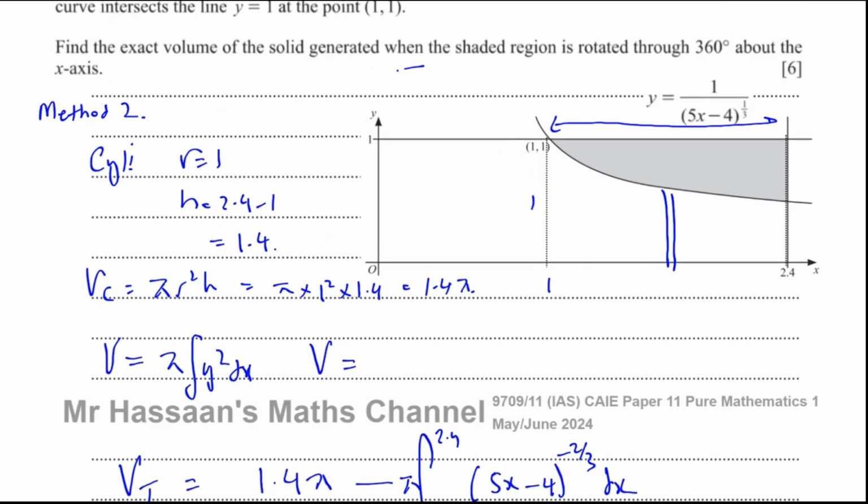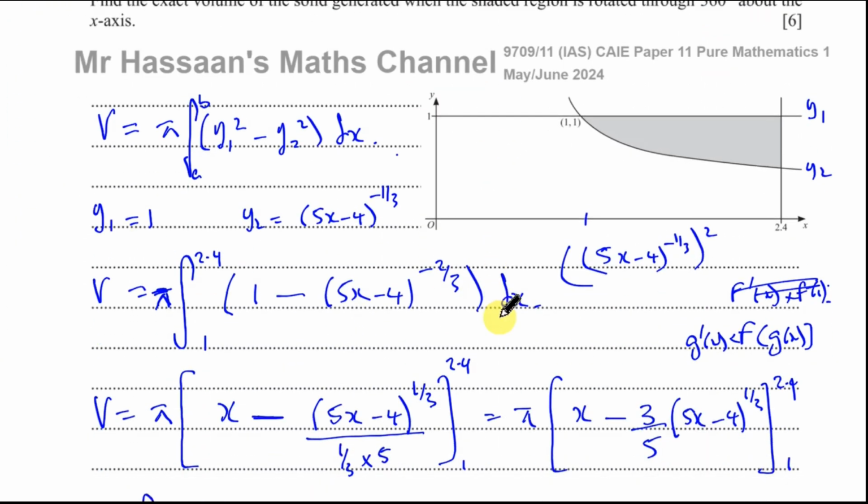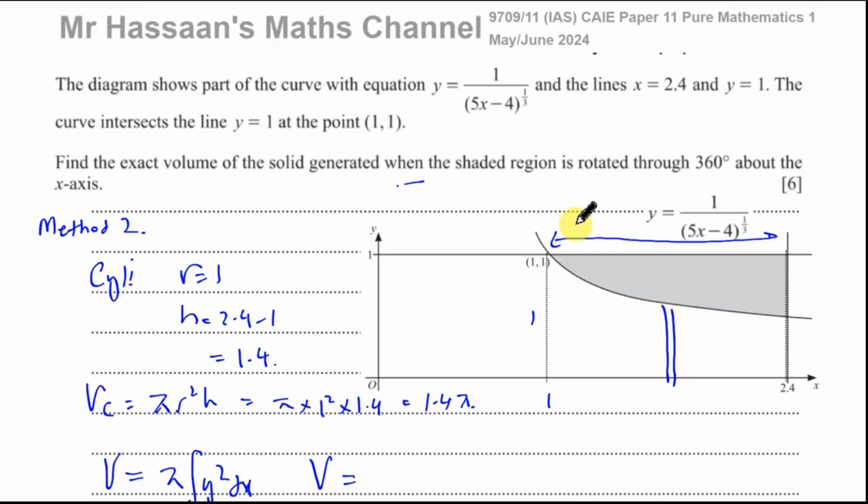Now, some people will say, oh, forget method 1, we don't need it. But if you do get a question, which do come up now, where this is not a straight line, or is maybe a curved line between certain values, on a different type of curve, then this method here won't work, because you won't have a nice uniform cylinder to subtract the area from.